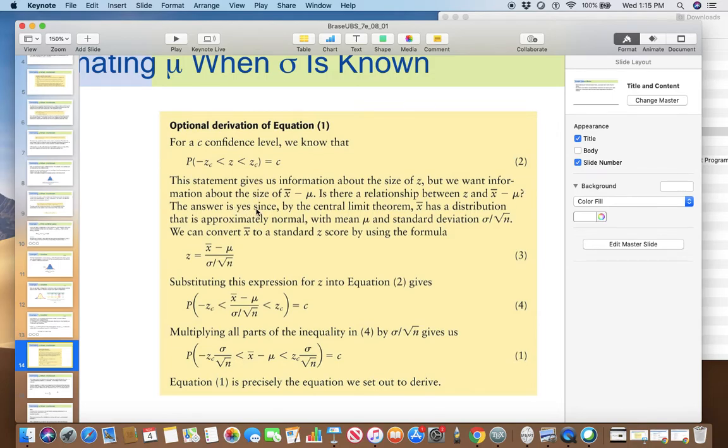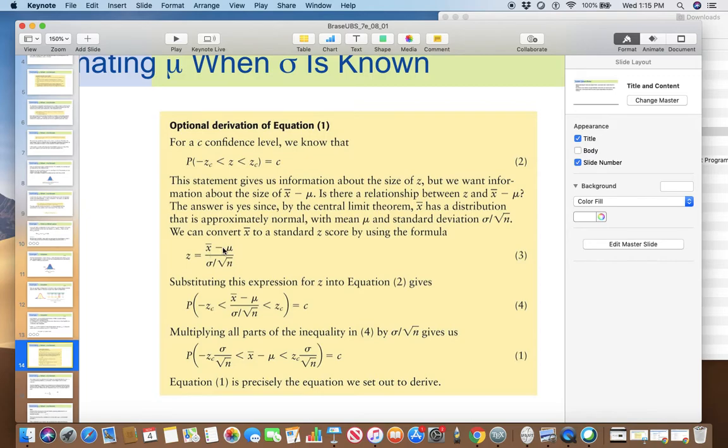The answer is yes, since by the central limit theorem, x bar has a distribution that is approximately normal with mean mu and standard deviation sigma over square root n. So remember the formula to convert x bar to standard score.